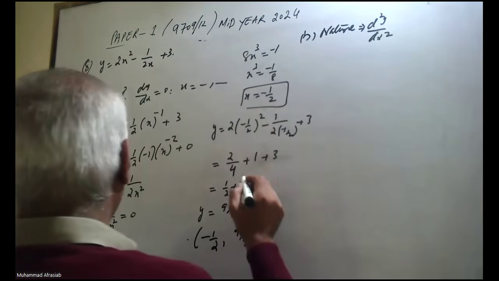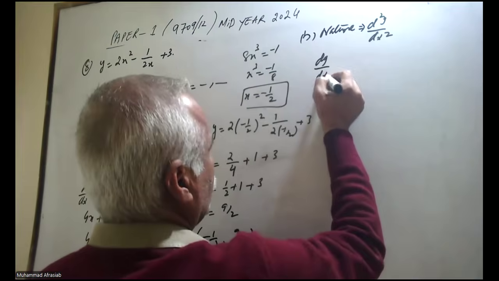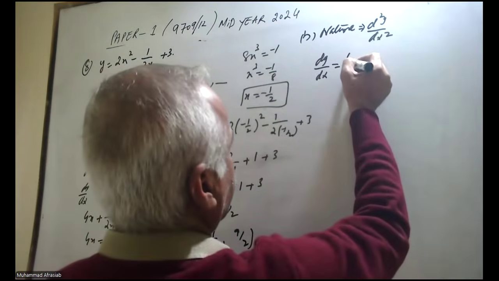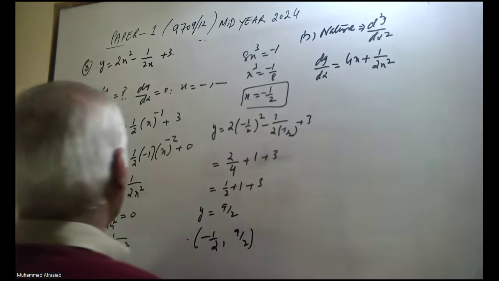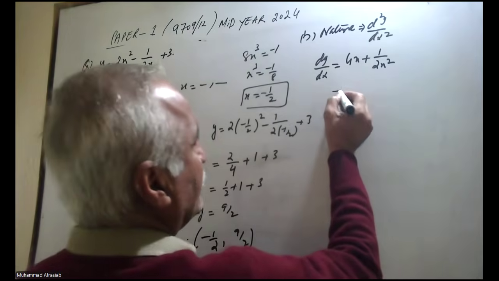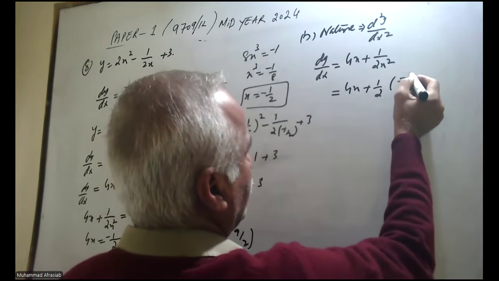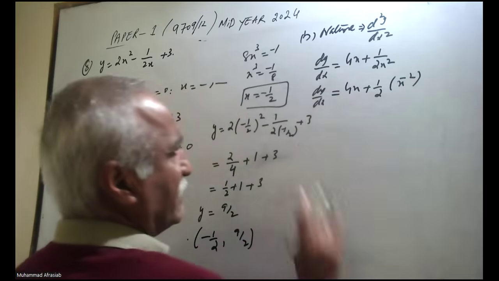So our first derivative is equal to 4x plus 1 over 2x square, which you can write as 4x plus 1 over 2 x power minus 2. That is the first derivative.